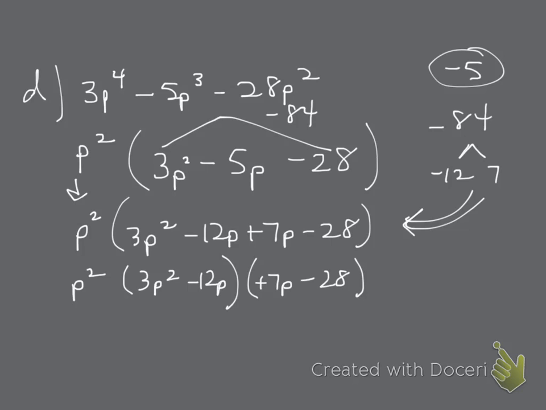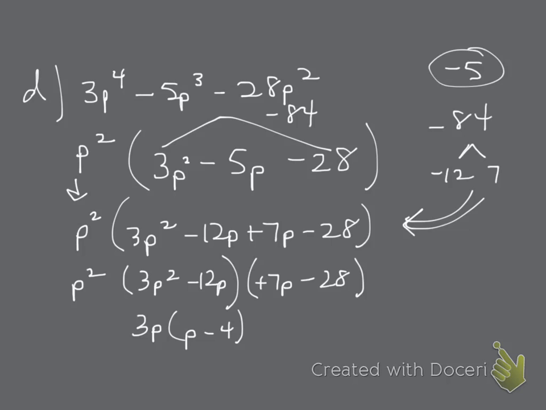You're going to take the GCF out. The GCF is 3p. Hang on, what do you do with the p squared? Well, we're going to leave it there for just a second. Okay, so 3p squared divided by 3p is p. Negative 12p divided by 3p is negative 4.